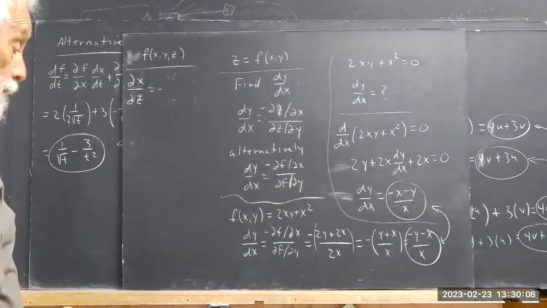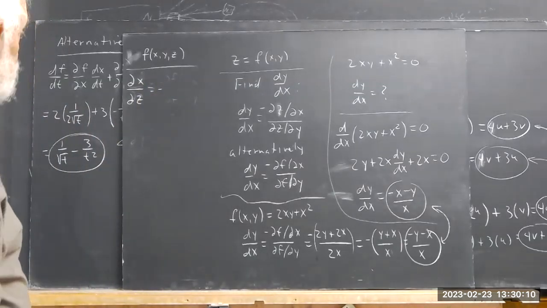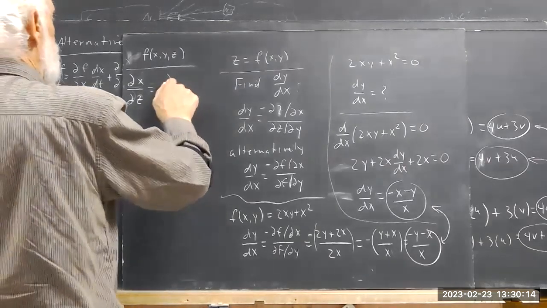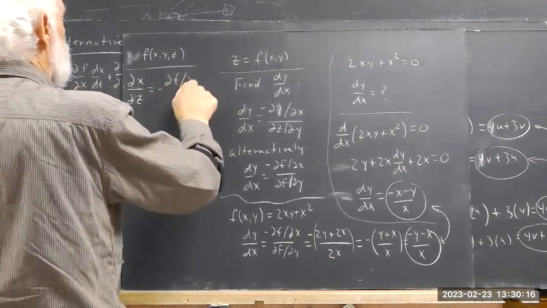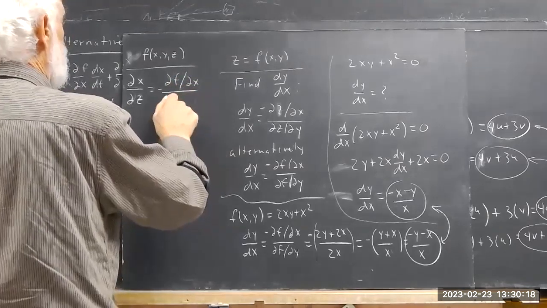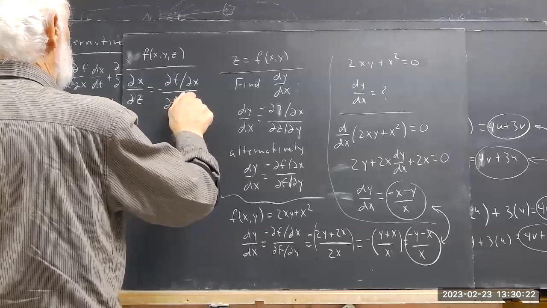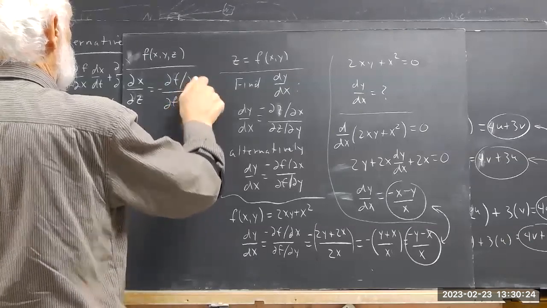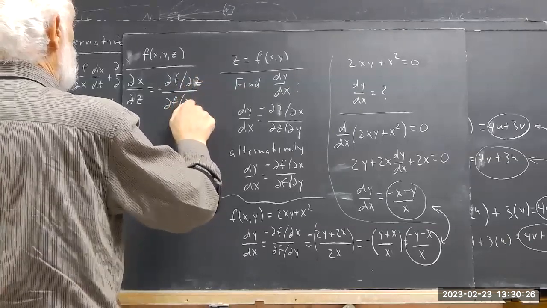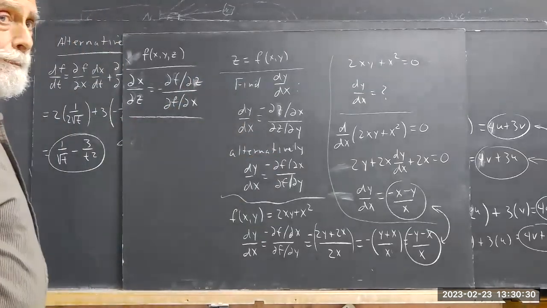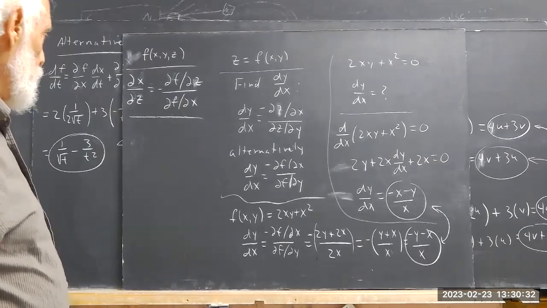Let's do partial of f with respect to z. It's a partial of f with respect to x divided by the partial of f with respect to z, that partial of f with respect to x. Okay. Not like that, right?